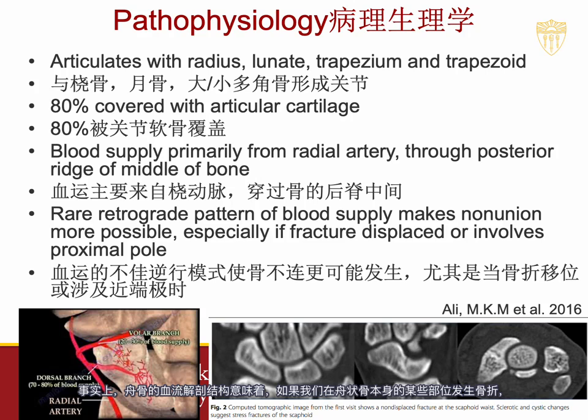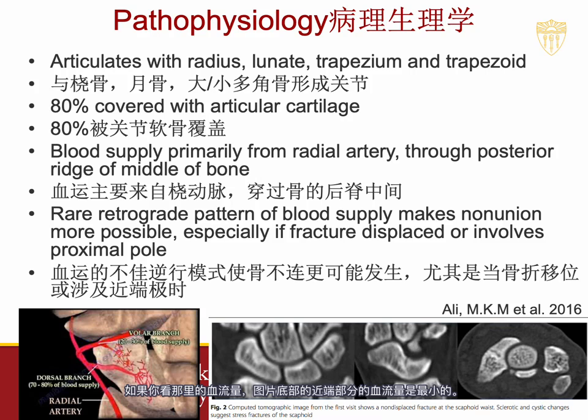the blood flow anatomy of the scaphoid means that if we have a fracture in certain parts of the scaphoid itself, we're much more likely to have a non-union. So we're much more likely to have issues with the bone not healing and not healing together.